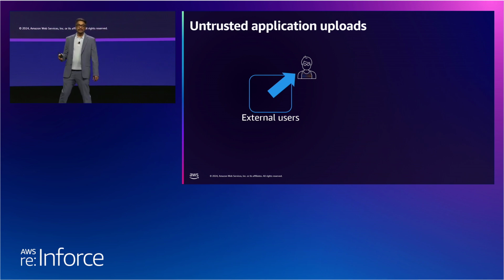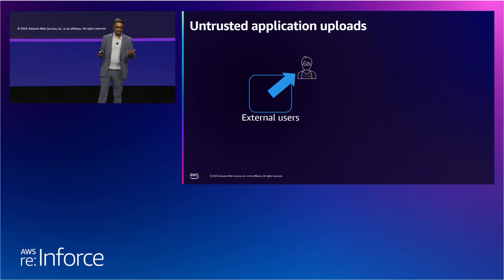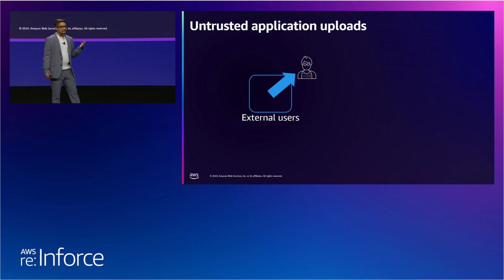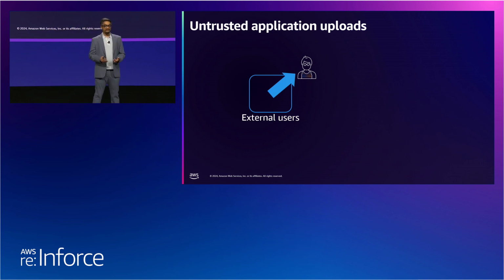Think about social media applications where any user can upload any file per the limits. Think about a healthcare application where patients can upload medical records. Or think about a support agent software application where customers upload support cases and the relevant files.